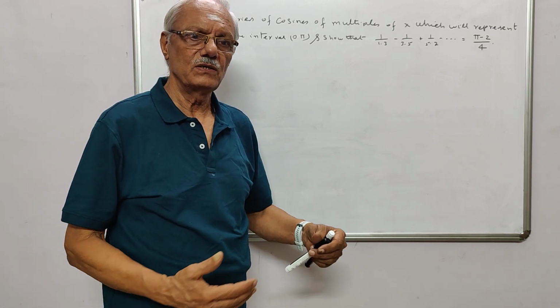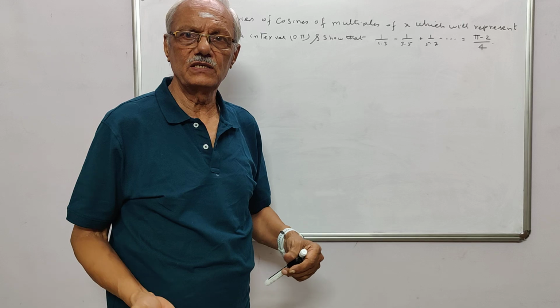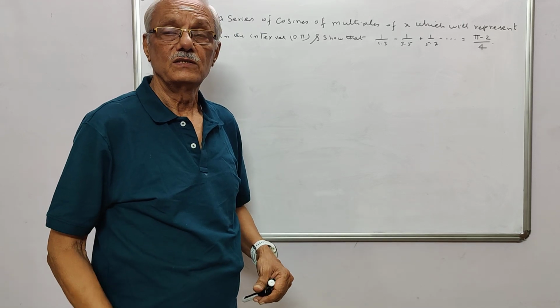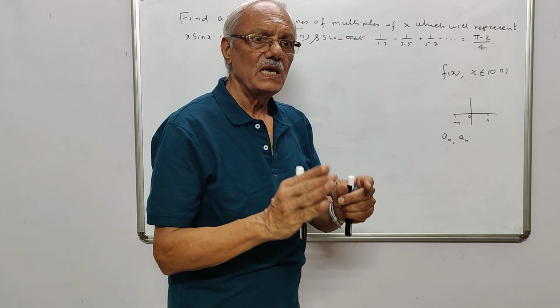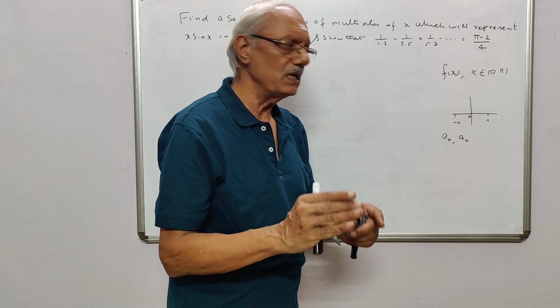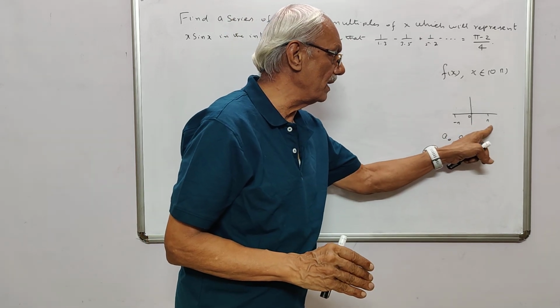I have been teaching problems in Fourier series for the past 3 classes. You are asked to get f of x in terms of cosine only in the interval 0 to pi.